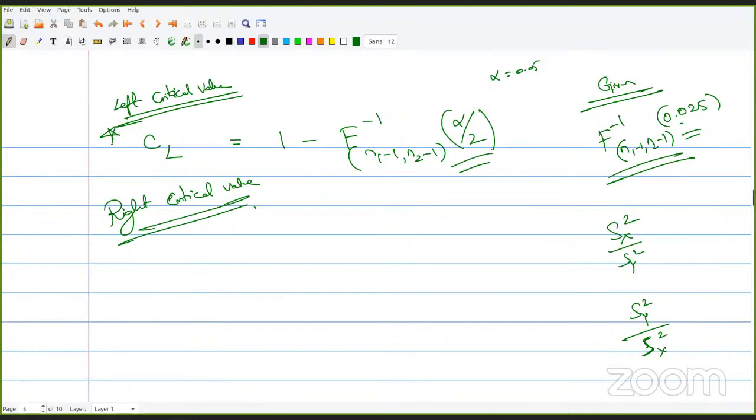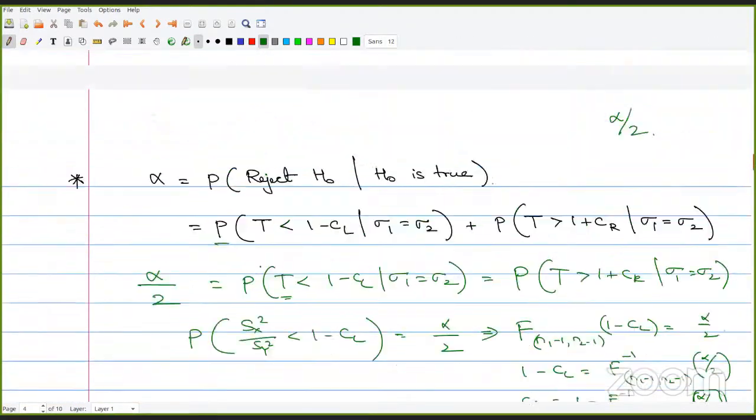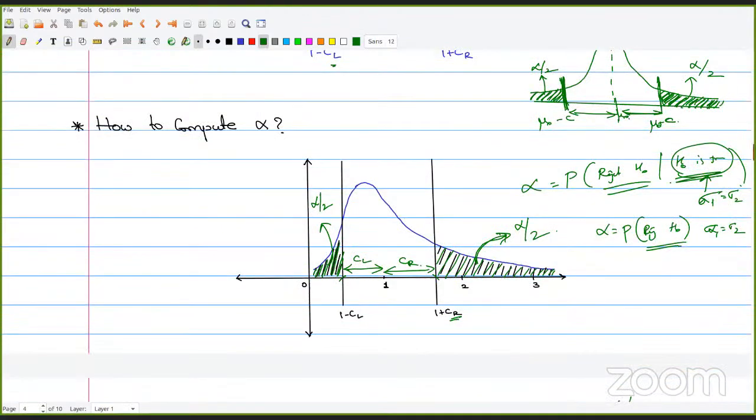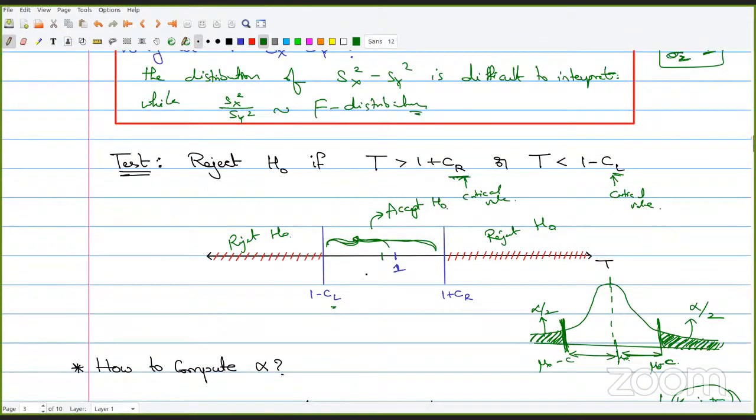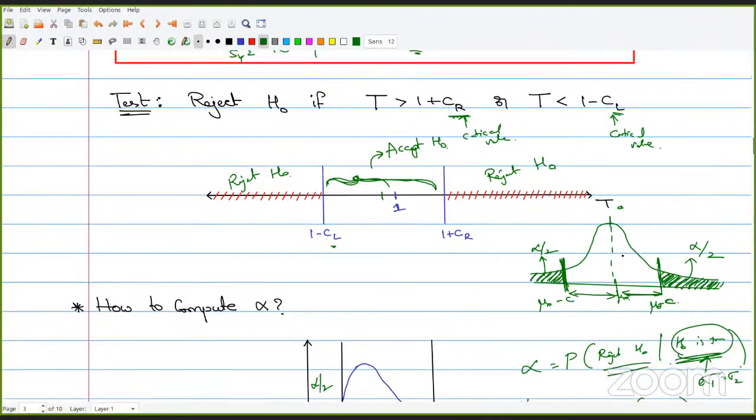Our test statistic value is a fixed value. If that particular value falls in this region, you accept. This T is a fixed value; it won't have two different values. But 1 minus CL and 1 plus CR may be different.